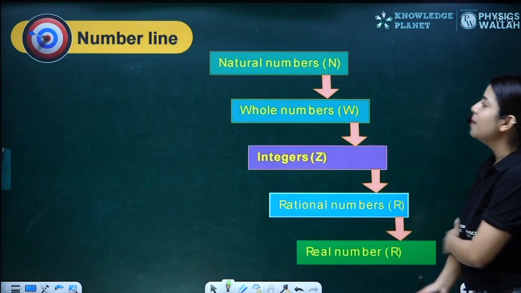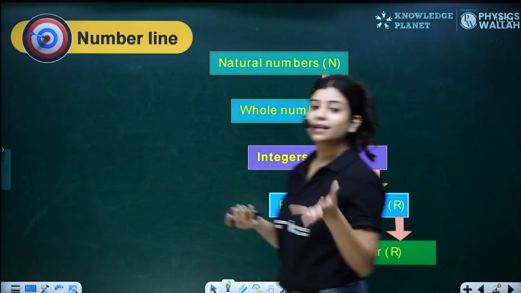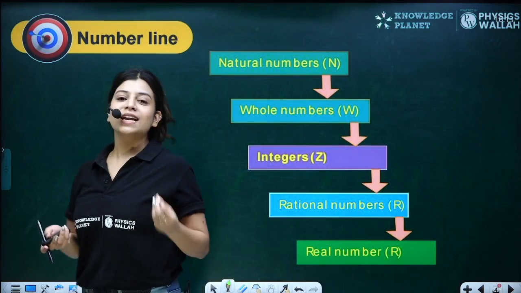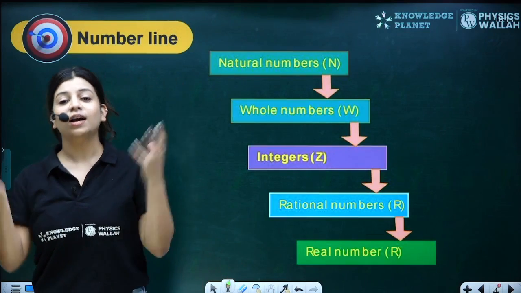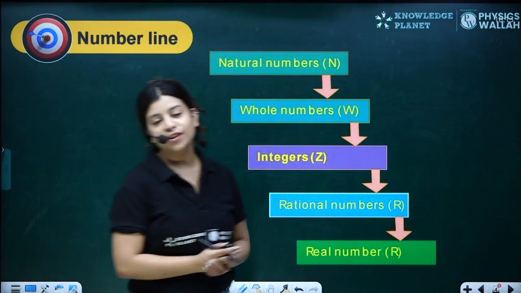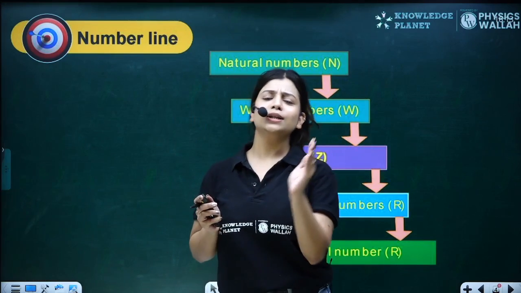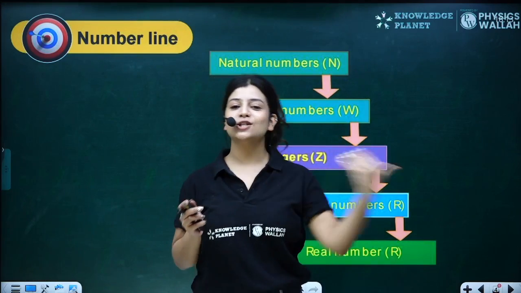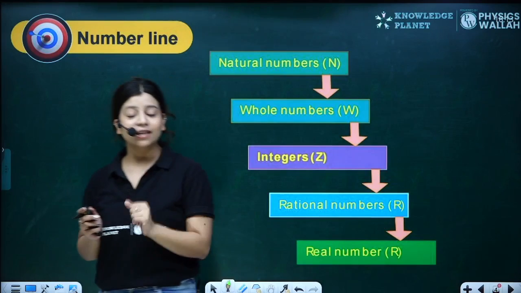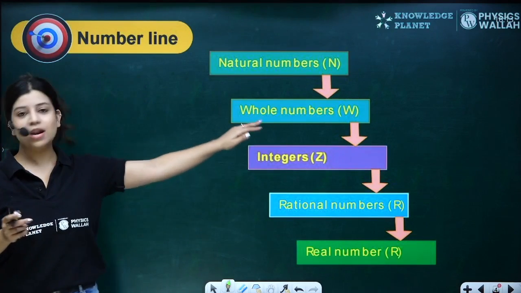We know about natural numbers, denoted by the capital letter N. Now what are natural numbers, students? We already know the counting numbers are known as natural numbers, that is 1, 2, 3, 4, 5, 6 and so on, till endless. The next thing we have is the whole numbers.